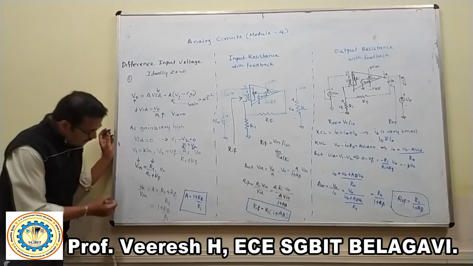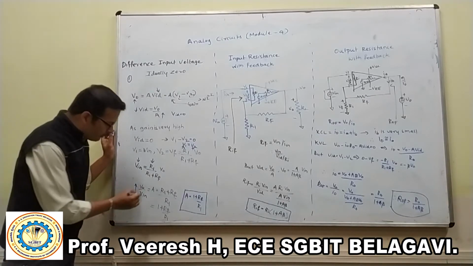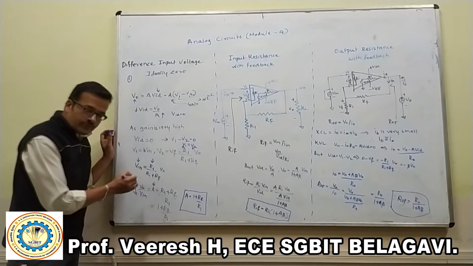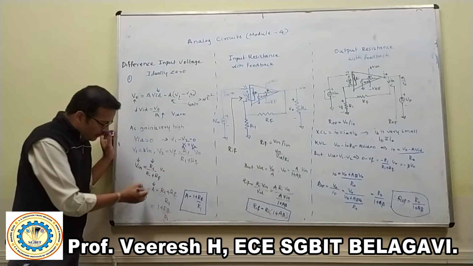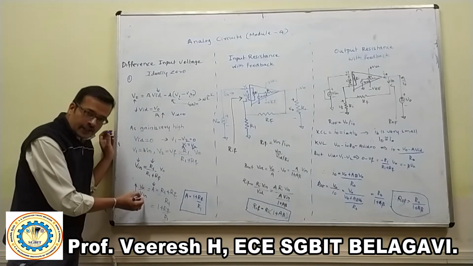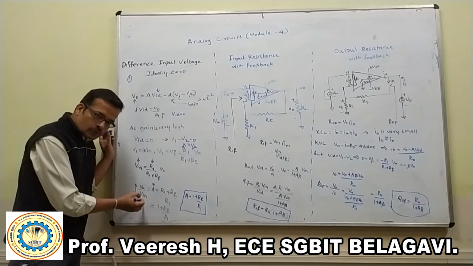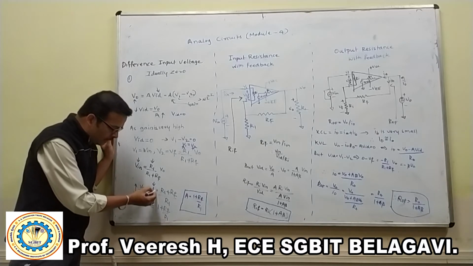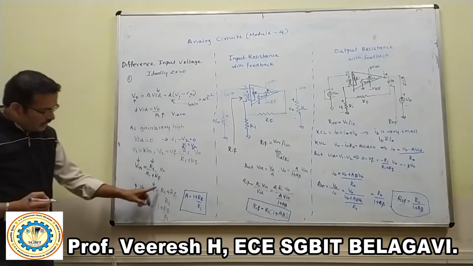Now finally I want from this the ratio of output voltage by input voltage, which we call the gain. I will take V0 here, and Vin I will take to the other side. So I will get V0 by Vin, the ratio of output voltage by input voltage, which is called gain, given by R1 plus Rf divided by R1.